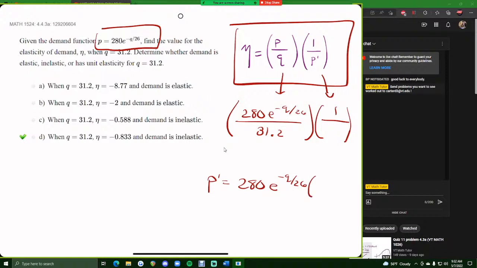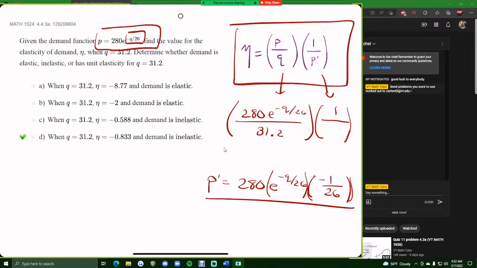And then we would multiply this by the derivative of negative q over 26. Negative q goes to negative 1, and then the 26 stays on the bottom. So again, this uses a slight chain rule. E to the something is the derivative of the outside, and negative 1 over 26 is the derivative of the inside, the exponent.